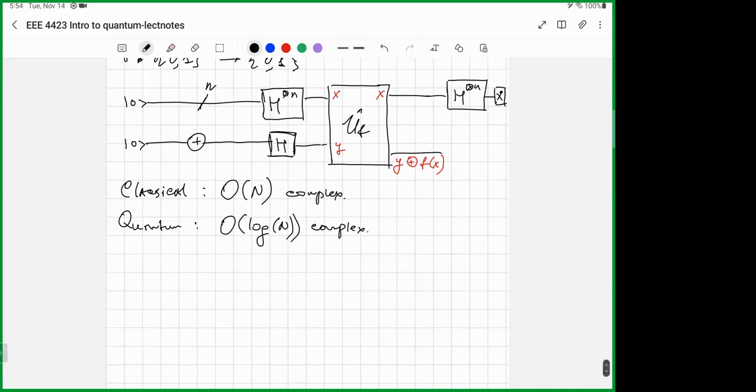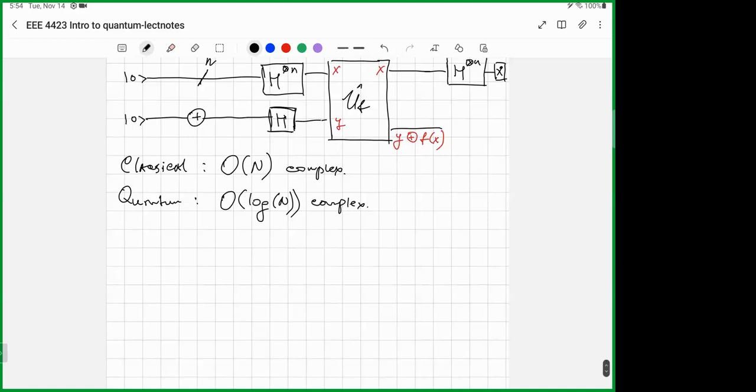Complexity. So for the case of 2 qubits, it's rather trivial, right?